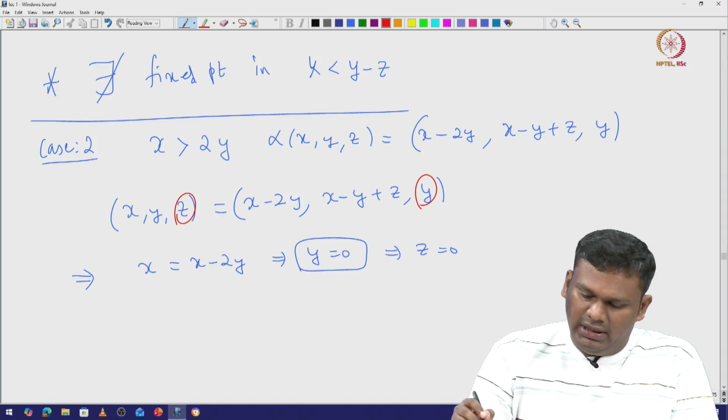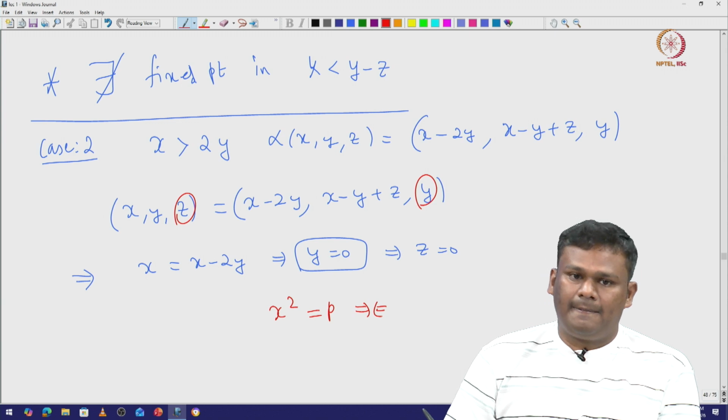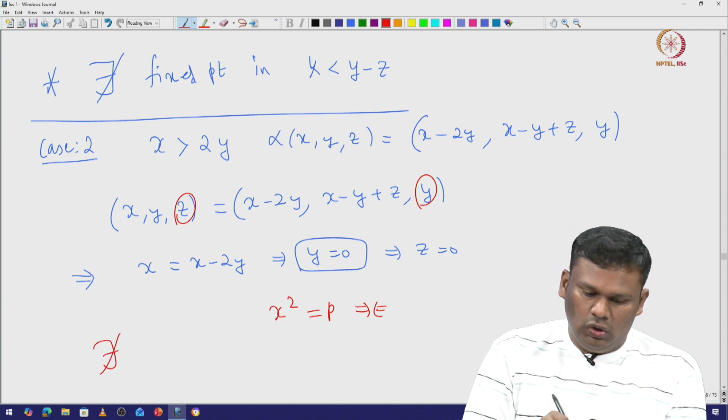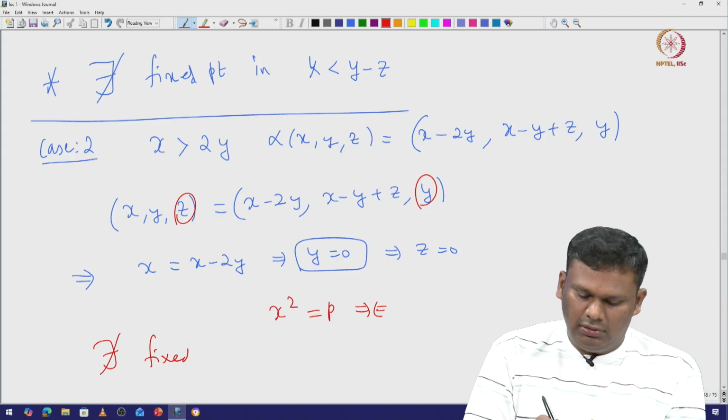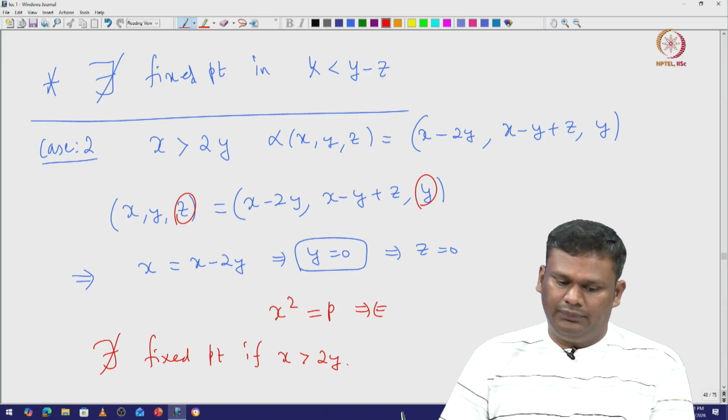And if y and z are 0, then already we have x square equal to p, which is a contradiction because p cannot be a square. That means there is no fixed point if x is greater than 2y. So, that case is also done.